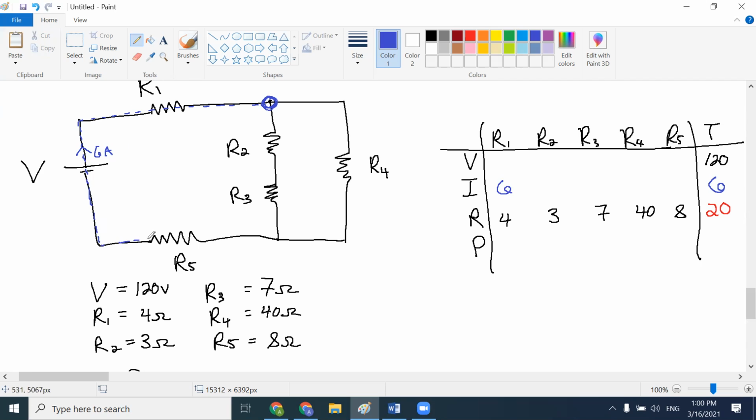All 6 amps had to have come from R5. Six by 4, 24. 6 by 8, 48. R1 burns 24. R5 burns 48. The power source adds 120.